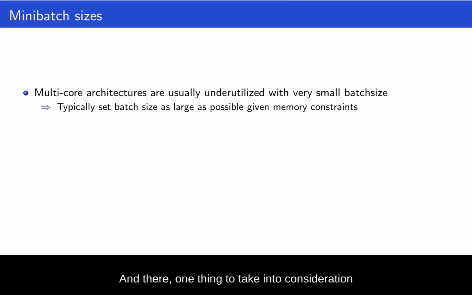And there, one thing to take into consideration is that modern multi-core architectures, such as GPUs, are heavily optimized for large matrix multiplications. And they're actually often underutilized if you use too small batch sizes.